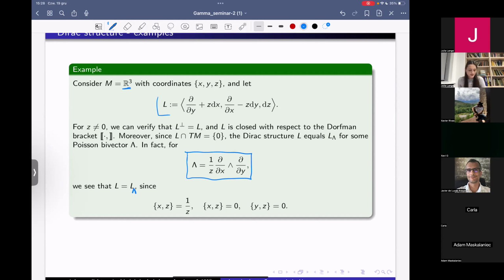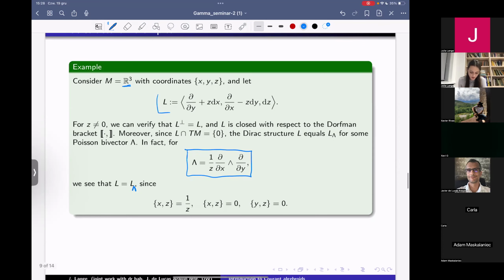However, we can see that this bivector is singular at z equals 0.